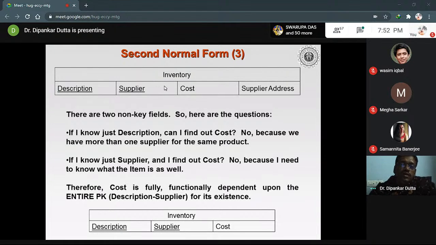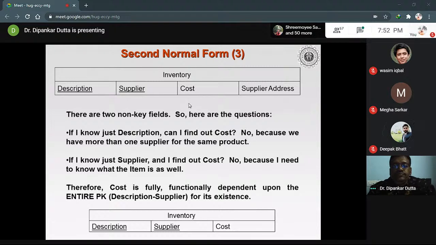If we eliminate one attribute from that primary key, this functional dependency does not hold. So cost is fully functionally dependent on primary key of inventory. So I think it is clear to everybody.